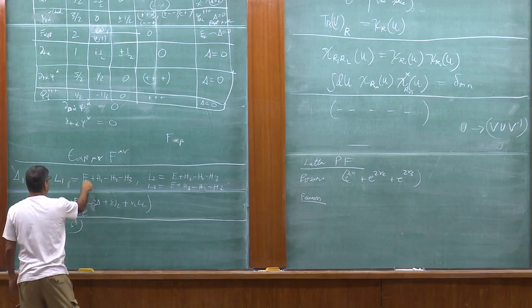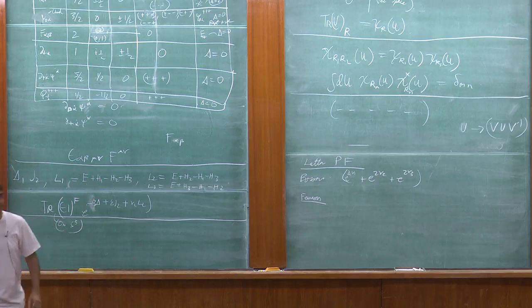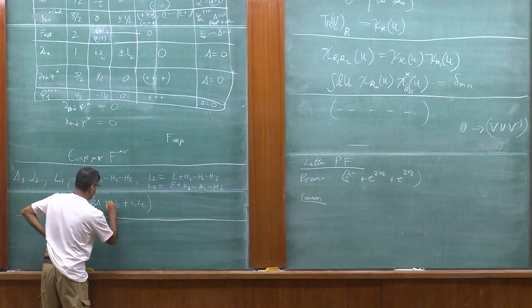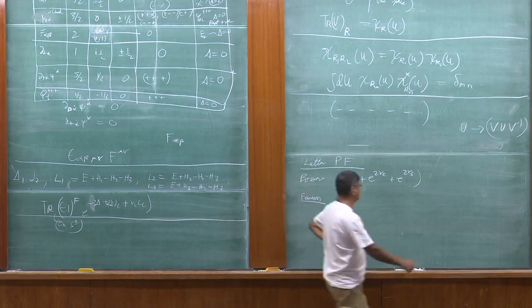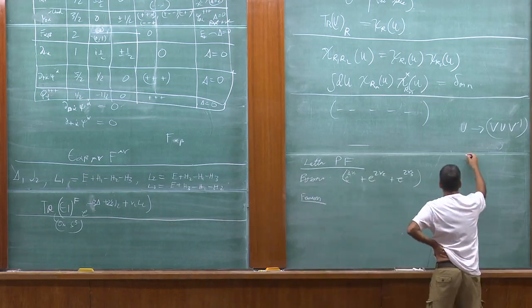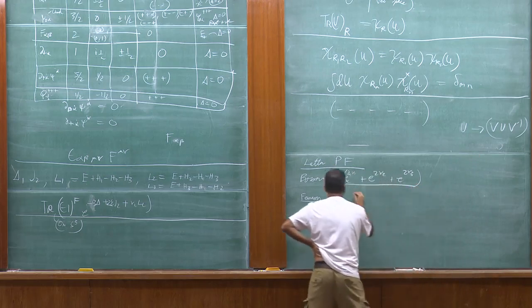So it carries a fixed charge because it carries charge 1 under L1, L2 and L3, and carries charge plus or minus half under J2. Is this clear? Let me put a 2 here. Okay, so my derivatives have charge. The first derivative has charge. I'm just writing down the answer and then you tell me if you agree.